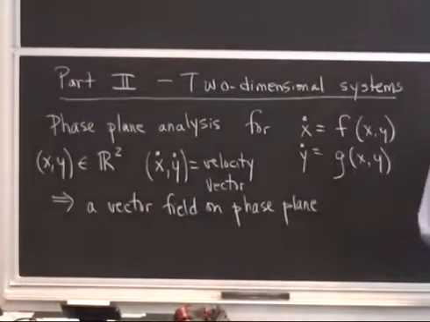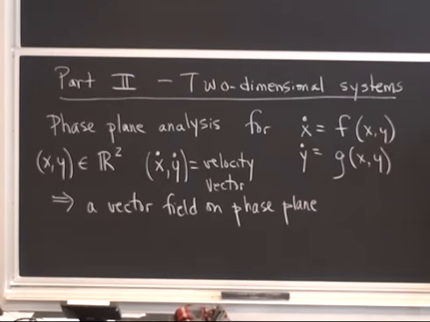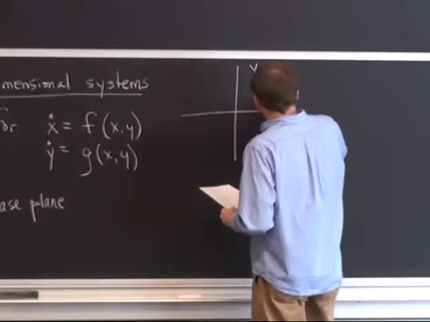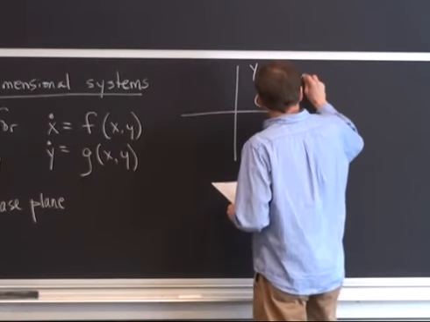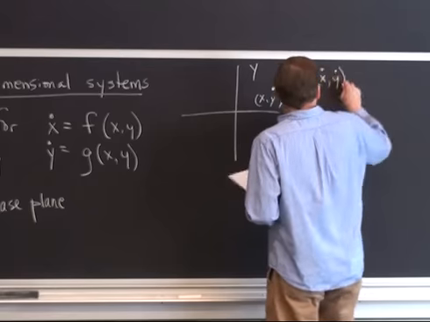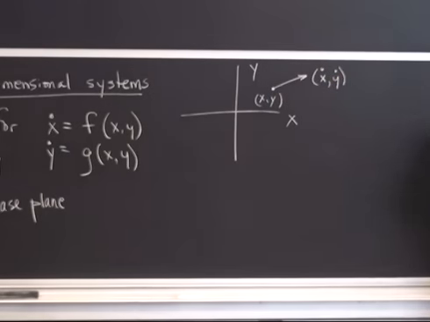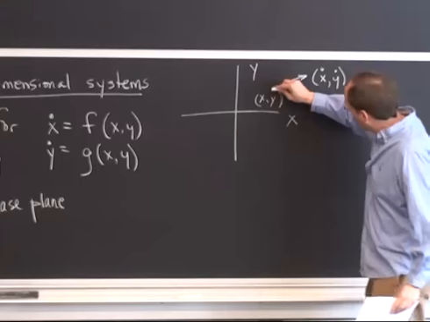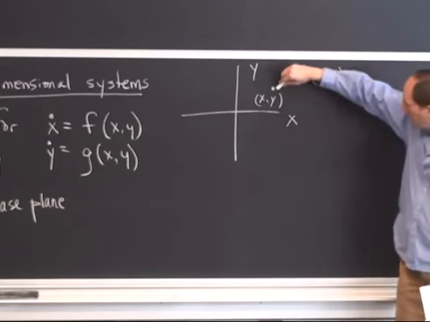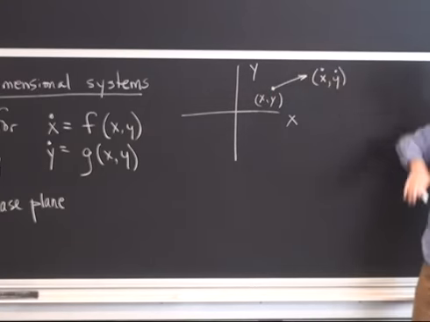If you want to think of a little picture, if we have the xy phase plane, then the typical point is our x, y, and sticking out of that point is a vector, x dot, y dot, that tells us if we were at this state, x, y, at this moment, then in the next instant we would move in this direction with this speed.